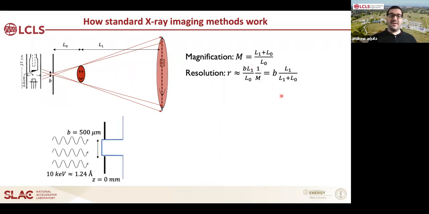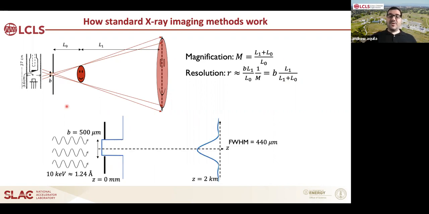Now, can we get away with this? Well, let's say we wanted to have a slightly sub-millimeter resolution. So let's say we use a pinhole that's 500 microns. We would actually have to go pretty far to get into the limit where we actually worry about diffraction. And I'm talking about kilometers here.